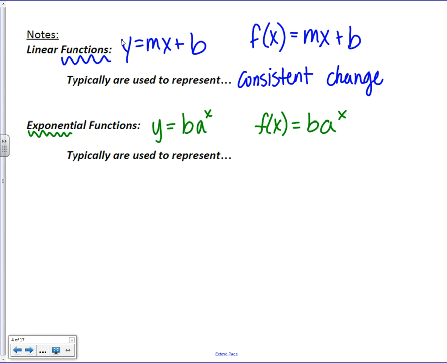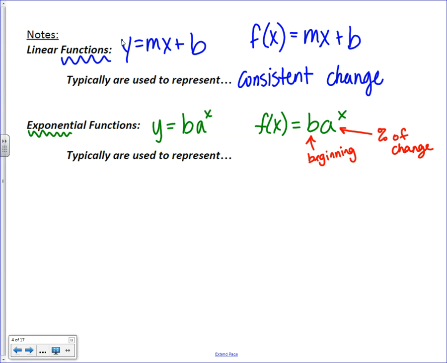What did b stand for in the linear function? The beginning, guess what? This b also stands for the beginning number. Just like it did before. Then this a stands for the percent of change.